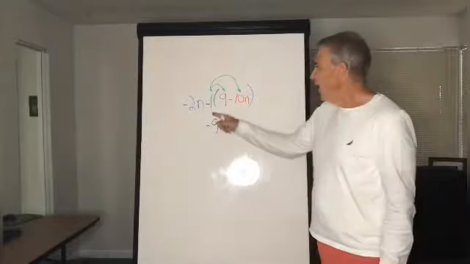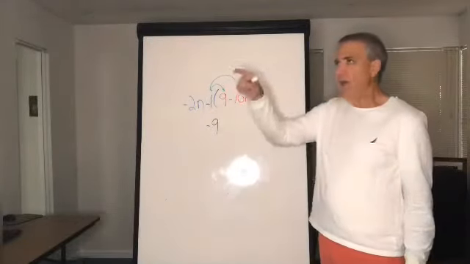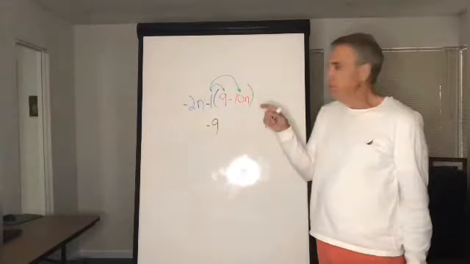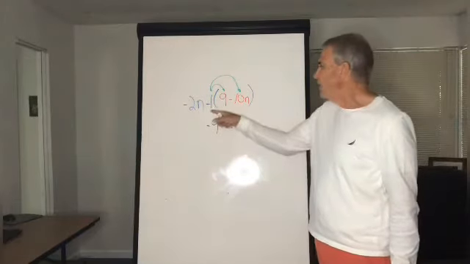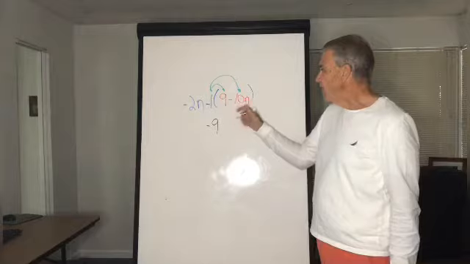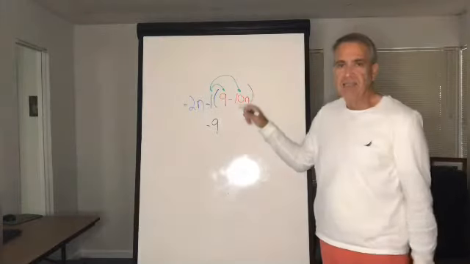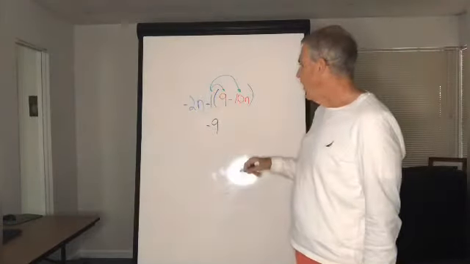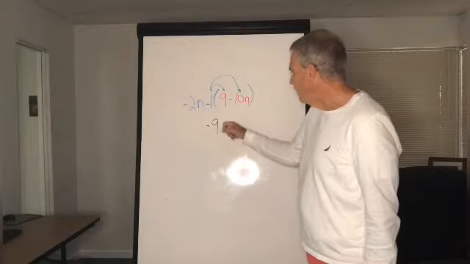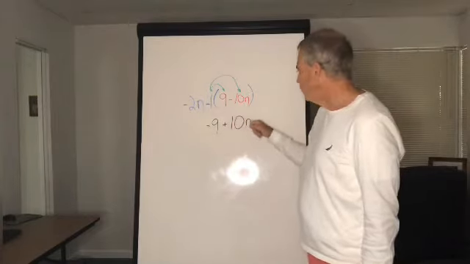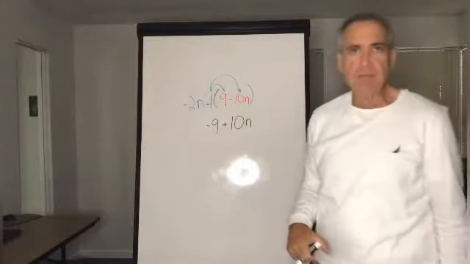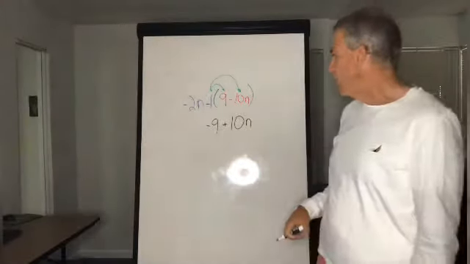Positive. Go negative 1, then hit times. Because remember, this is the dance, and we're multiplying. Negative 1 times, and this one, that's not just 10n, guys. That's a negative 10n. Negative times negative is a positive.